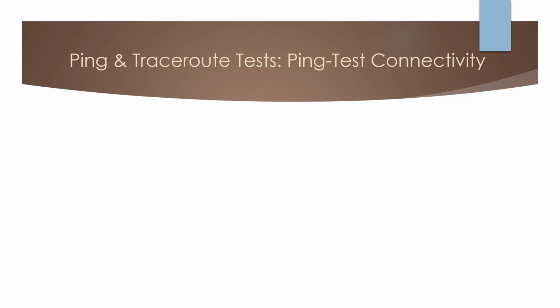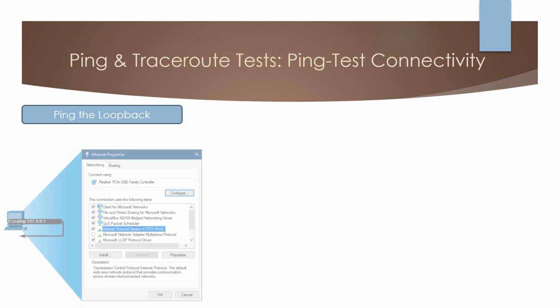And there are several types of connectivity tests performed with the ping command, such as pinging the loopback. This can be used to test the internal configuration of IPv4 or IPv6 on the local host. To perform this, you just enter the ping command and then the loopback address for the respective protocol. A response indicates that IP is properly installed on the host.